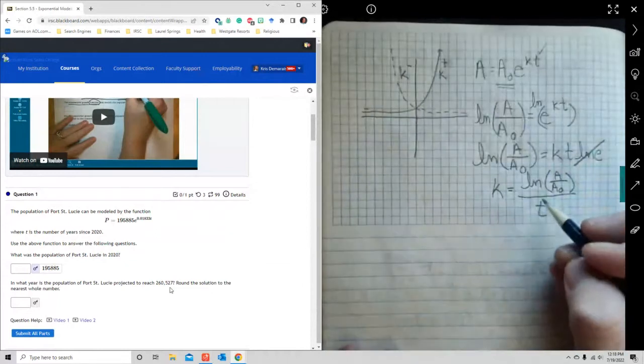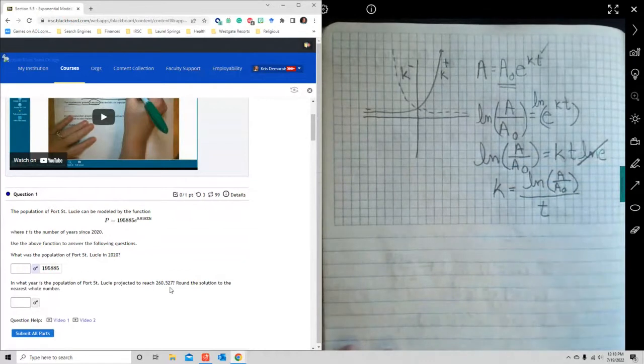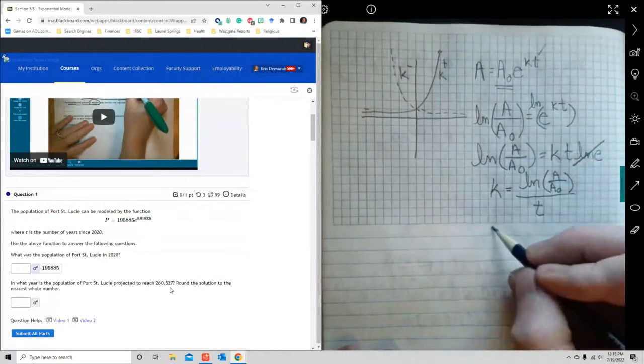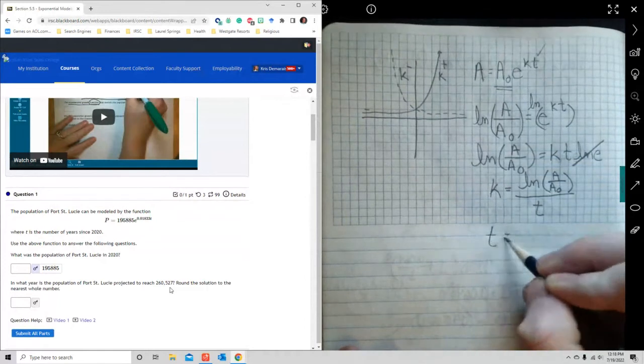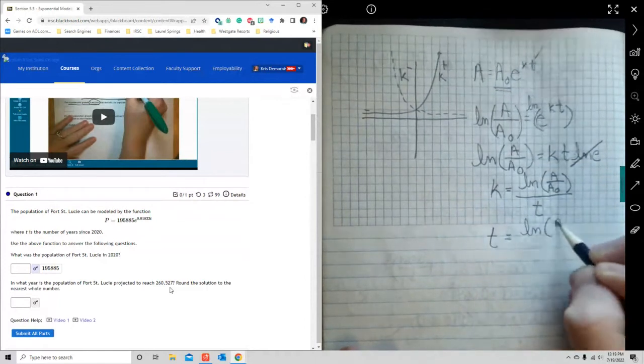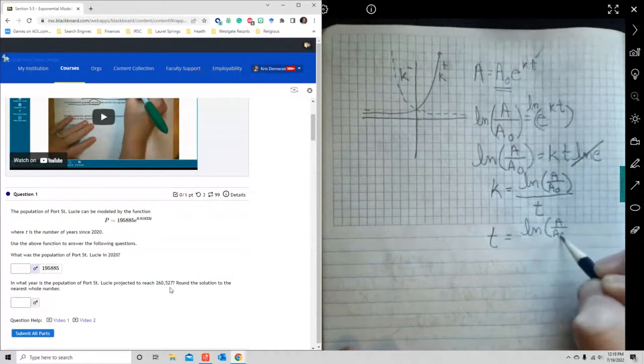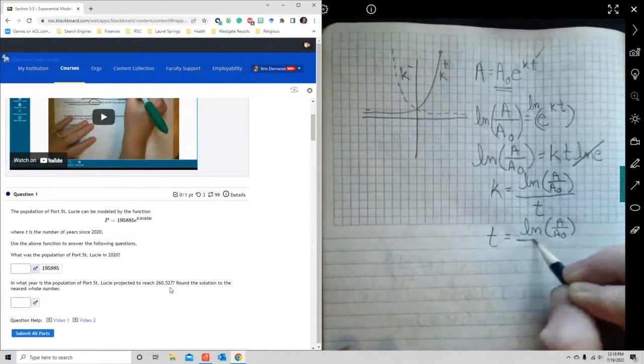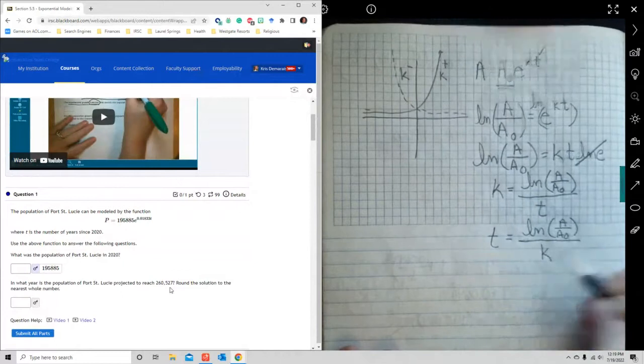Or if you want to go ahead and find out time, which is in this case what we want, because we already have k, then we're going to go ahead and put t is equal to ln of a divided by a sub naught divided by k this time.